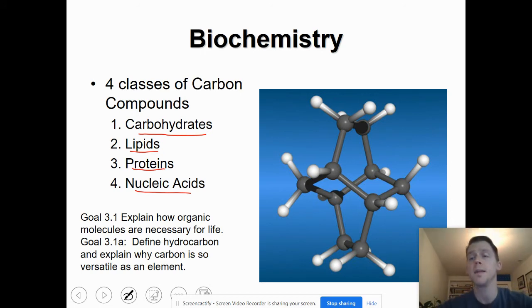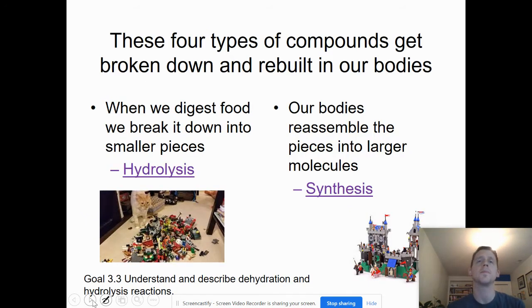These are all of the things that make up living things. Humans, like yourself, plants, fungi, bacteria, amoebas, any single living thing is made up of these 4 carbon compounds: carbs, lipids, proteins, and nucleic acids.